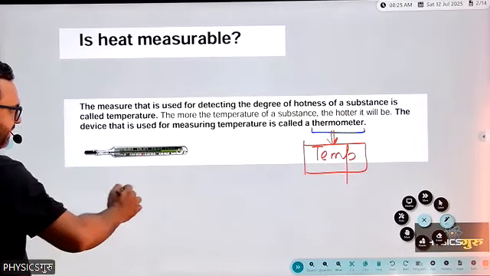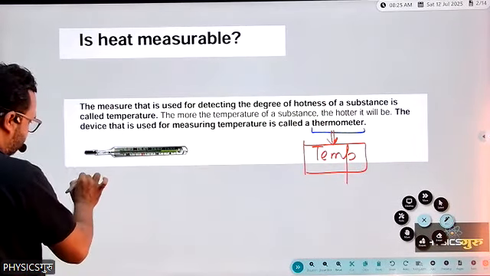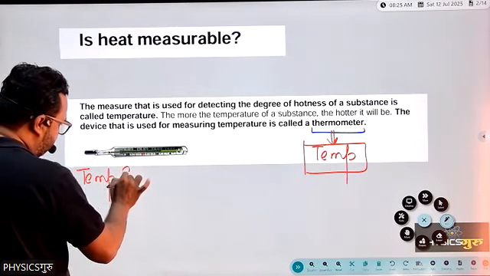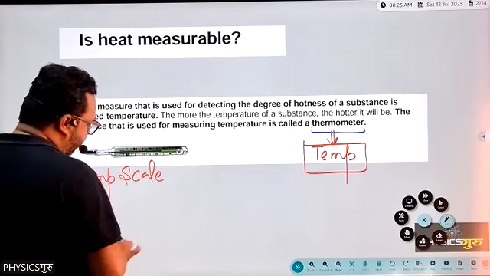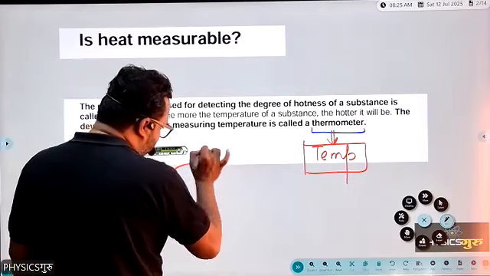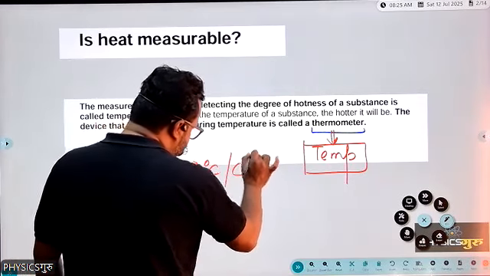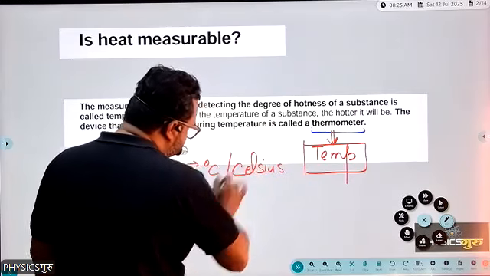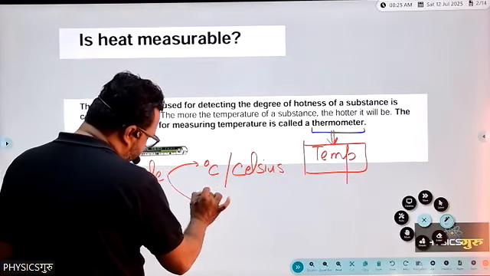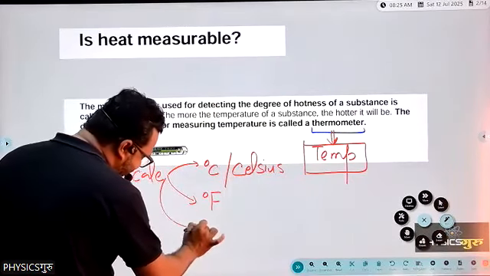Now, we have basically three types of temperature scale. First one is degree centigrade or degree Celsius. Second one is degree Fahrenheit. Third one is Kelvin.